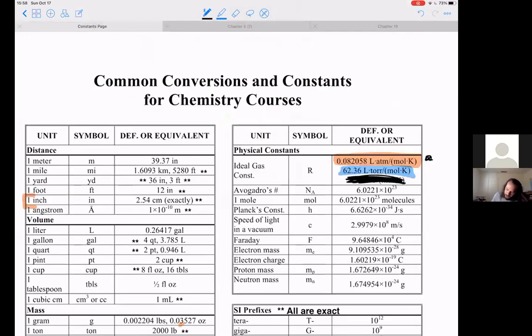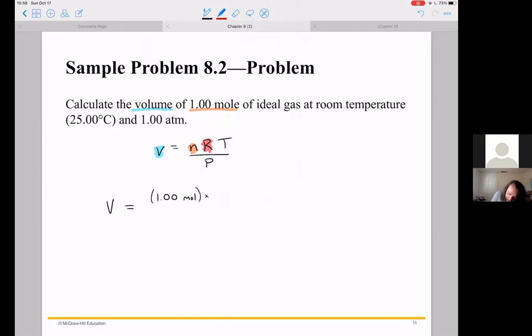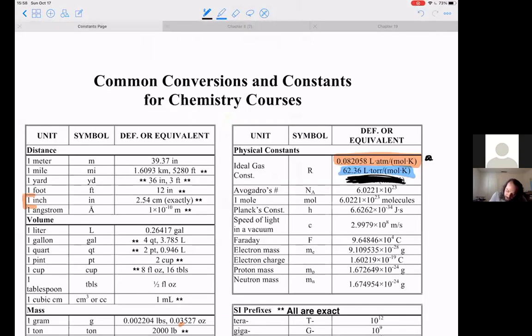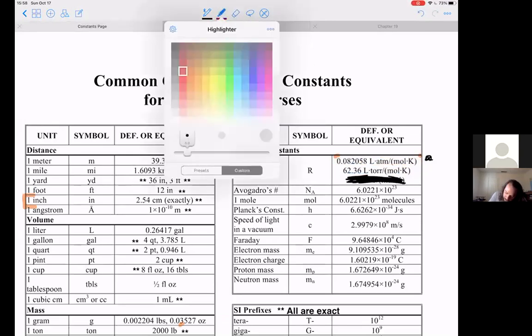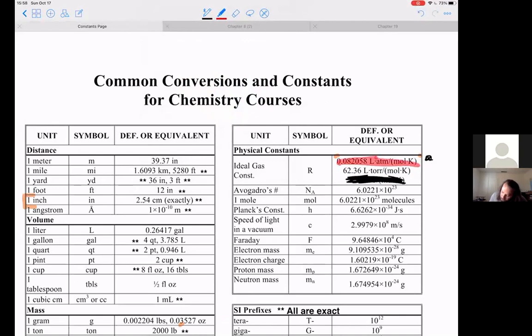That is from our constants page. Which one of these 2 values do I use? I'm going to look at the units for pressure. I'm going to go back and notice that my pressure units are atm. So that tells me that I need to use this top one here. This is going to be the value for R that I use.